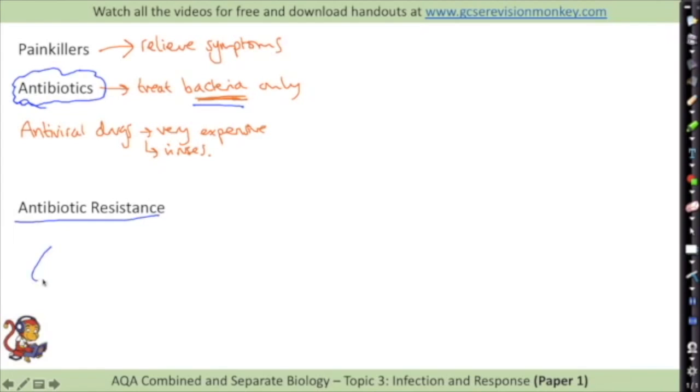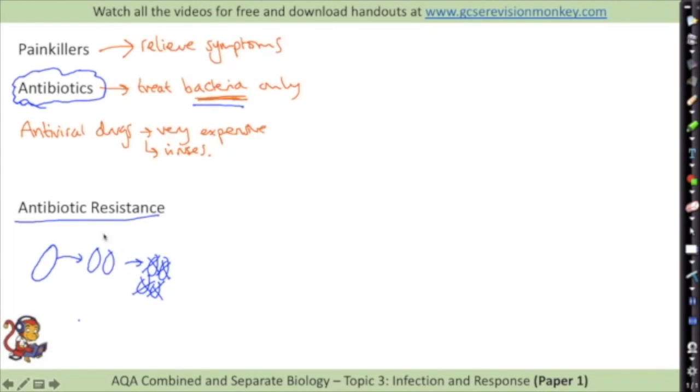So say we had a bacterial cell in our body. If that wasn't treated, that would multiply and multiply until you very soon had hundreds or maybe even thousands of bacterial cells in your body. If you were to take antibiotics, that would kill the bacterial cells.